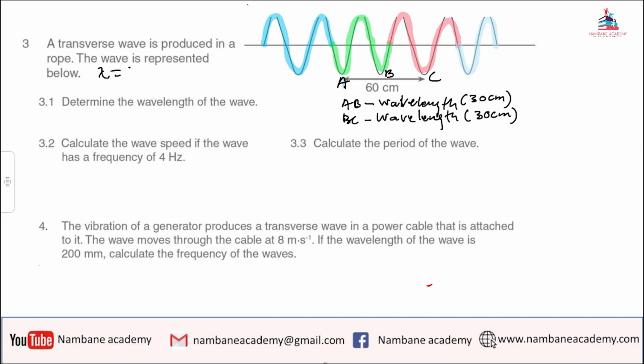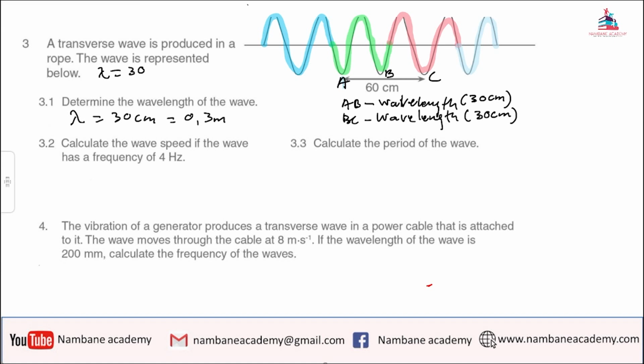That is now at 3.1. So lambda is equals to 30 centimeters. And 30 centimeters divided by 100, it will give us 0.3. So lambda is equals to 30 centimeters, which is equals to 0.3 meters.